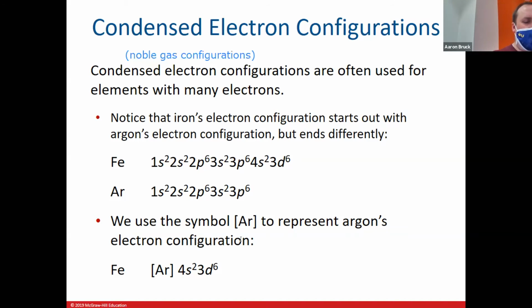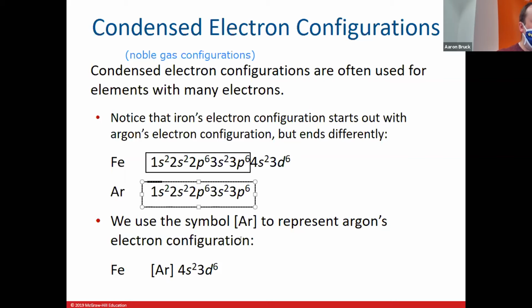What we're doing in these cases is essentially substituting the electron configuration of a noble gas into the electron configuration of something else.